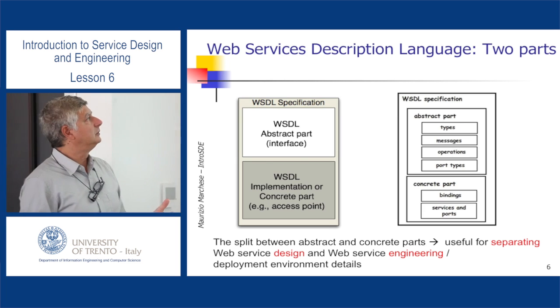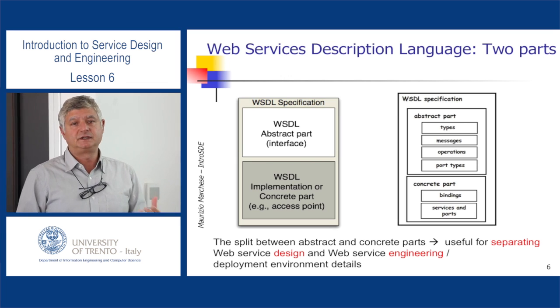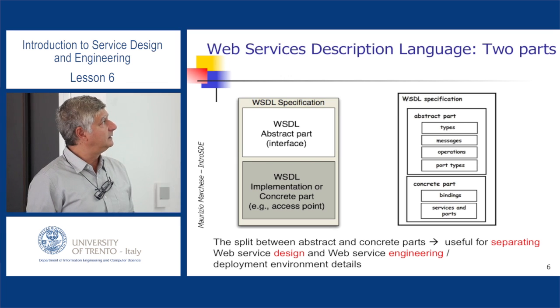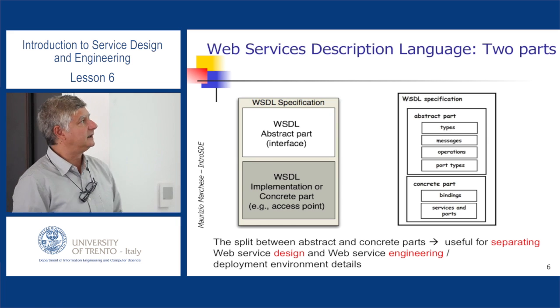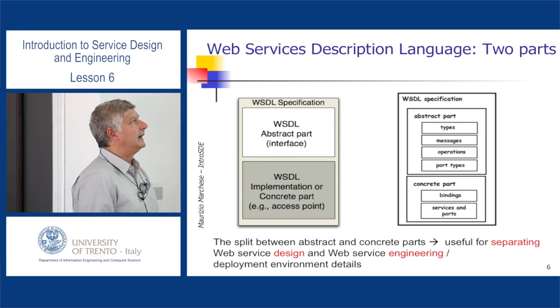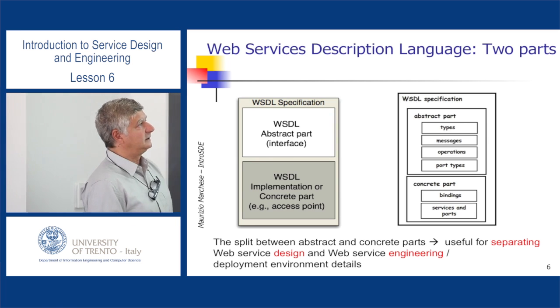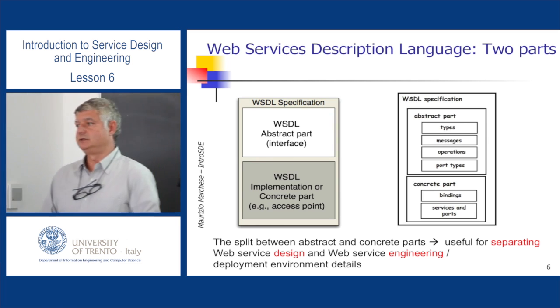There is a so-called abstract part, which is the one that tells the user, a machine very probably on the other side, how to implement the interface, how the interface of your service looks like.